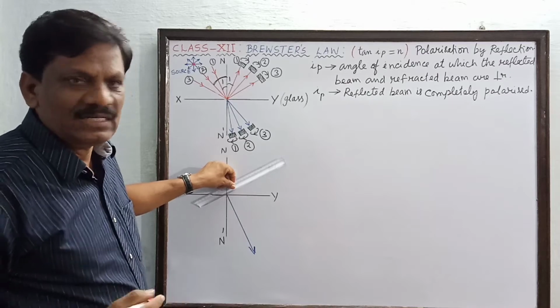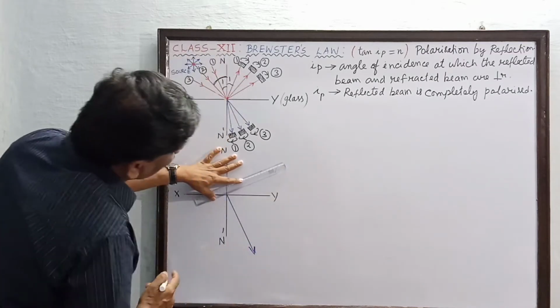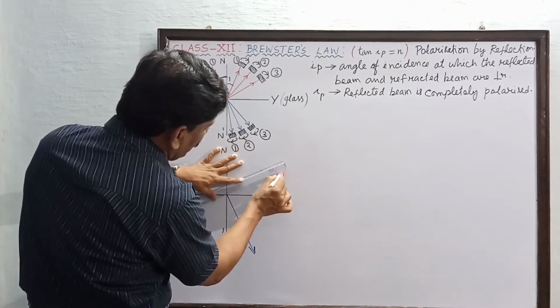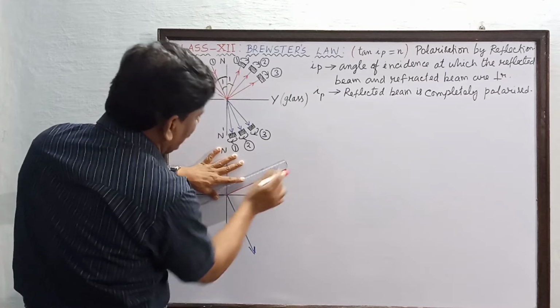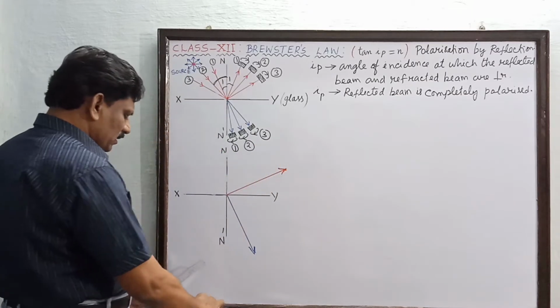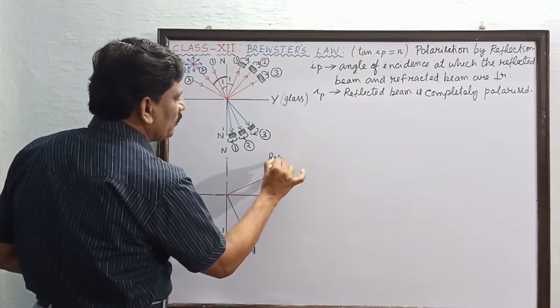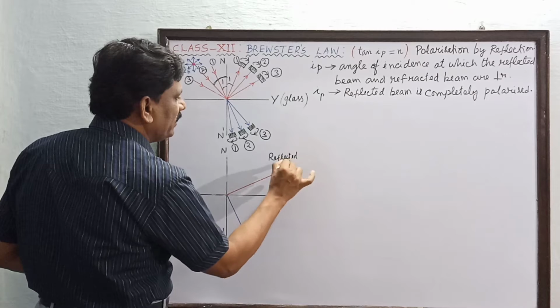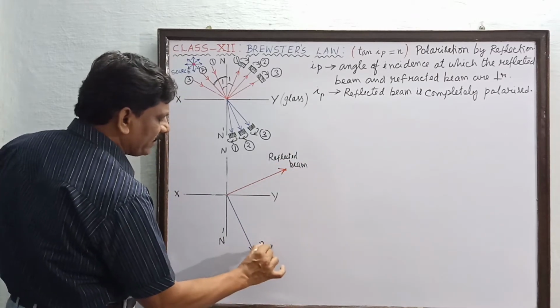So, perpendicular to this, 90 degrees like this, I am drawing the reflected beam. You see here, this beam is reflected. This is the reflected beam, and this one is the refracted beam.